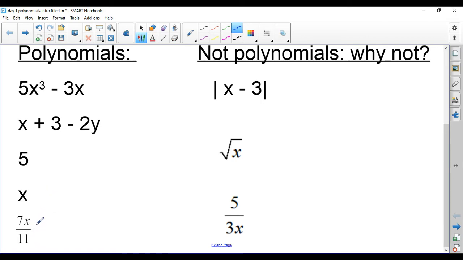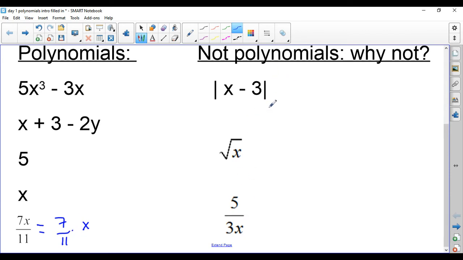That's a polynomial because this is the same thing as the number 7/11 times x. This is multiplication. Remember that when you multiply a fraction times a whole number or a variable, it multiplies into the numerator. So you can have division by a number, but you cannot have division by a variable.